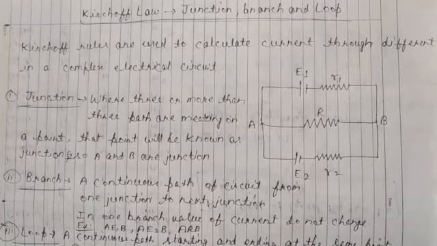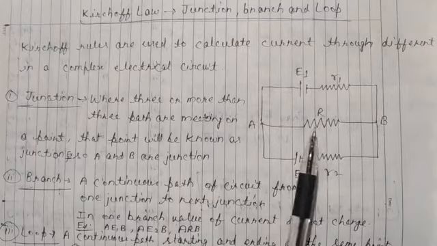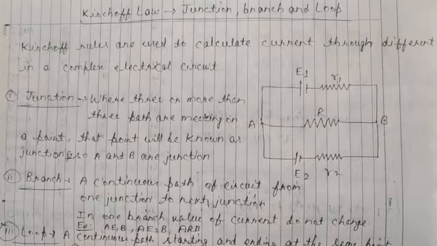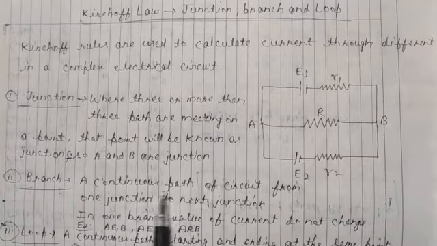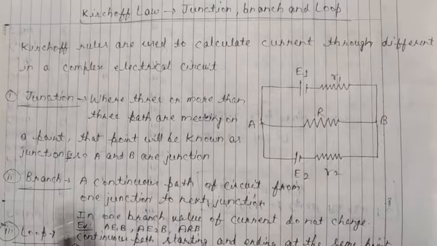Normally we will find the branches are one more than the junctions. If it has got 2 junctions, then there will be 3 branches. So branch, a continuous path of a circuit from one junction to the next junction. And what is its speciality?